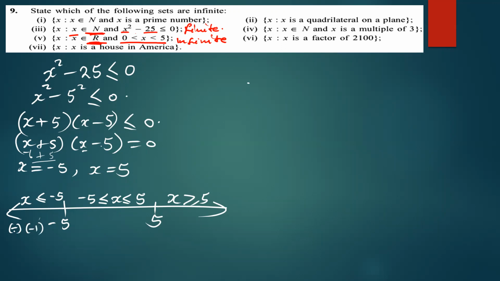When we multiply negative times negative, we get a positive. So we check this region and ask ourselves, is a positive less than 0? The answer is no. So this region is not part of our solution.